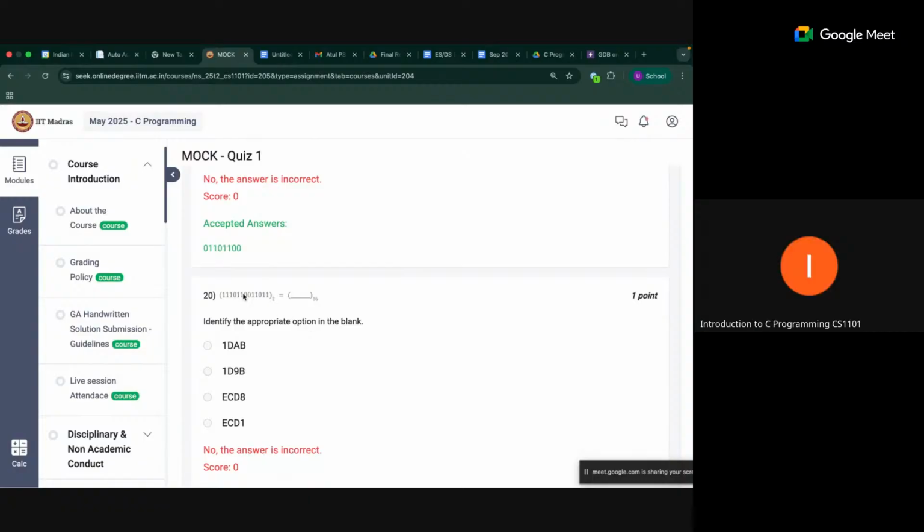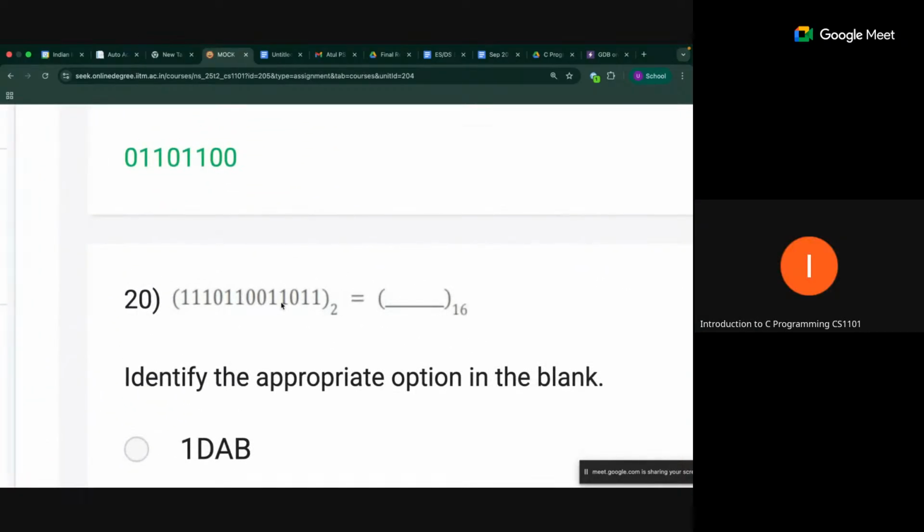So here, first we have to take 1011. 1011 is the number of B, right? Yes, ma'am. 11 in hexadecimal is assigned as B. Okay.